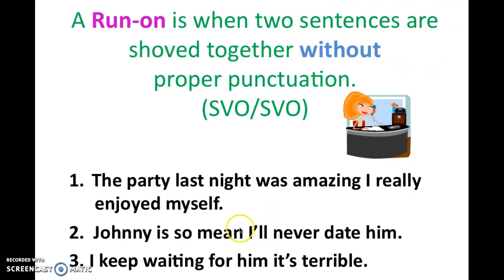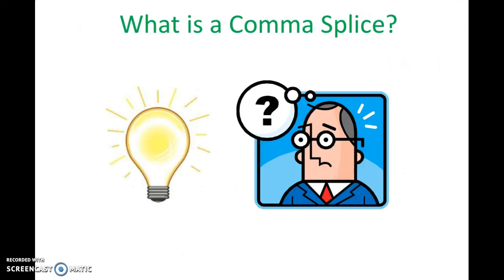I, that's the subject, will never date, that's the verb, him, that's the object. I keep waiting for him. It's terrible. How do you figure it out? I, that's the subject, keep waiting, that's the verb, for him. That's the end of the sentence. Next sentence, it is terrible. So this is what a run-on is. Two sentences shoved together with no punctuation.